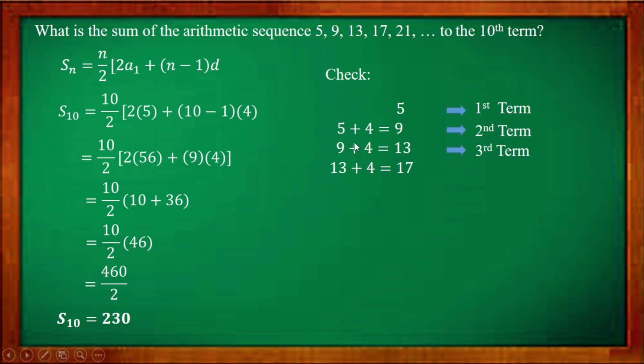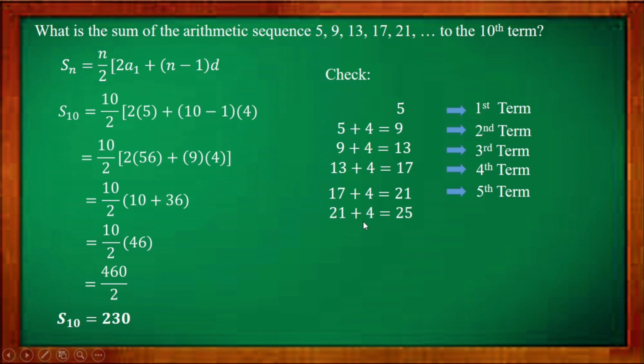Next, 13 plus 4 equals 17, and 17 is our fourth term. Next, 17 plus 4 equals 21, and 21 is our fifth term. Since, based on our problem, we are going to get the sum of this sequence up until the 10th term, we are going to continue this process until we arrive at the 10th term.